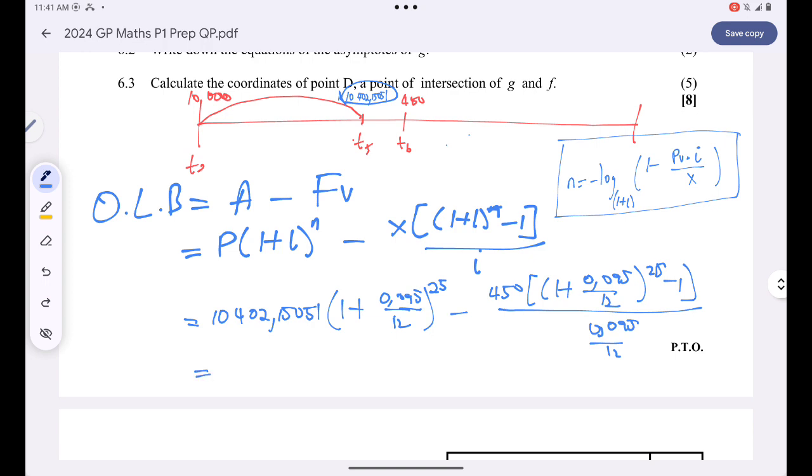So this should give me the amount which is outstanding that Michaela will pay on the 26th payment.